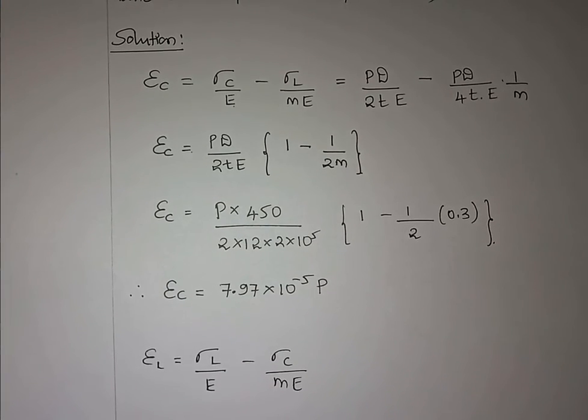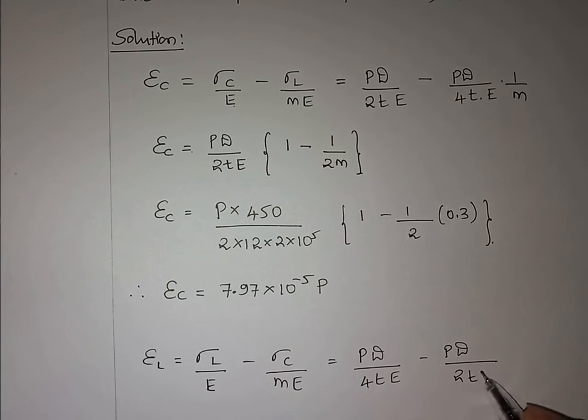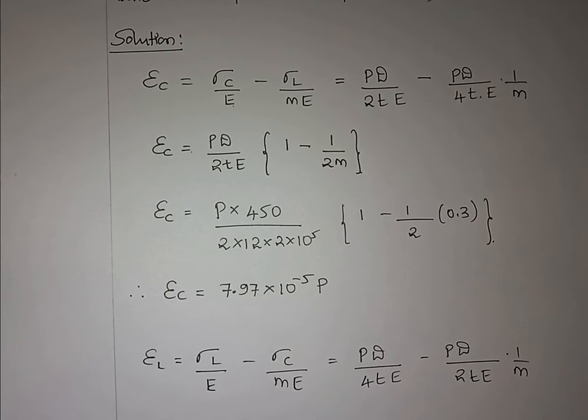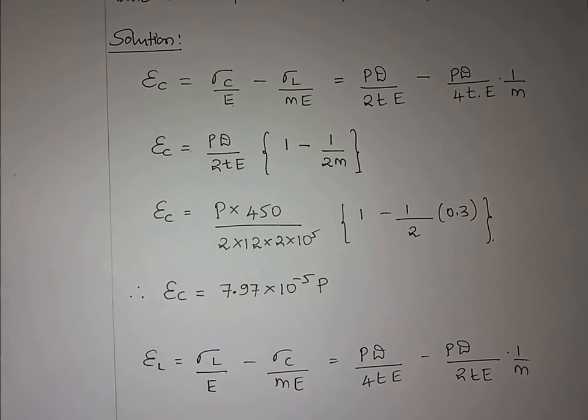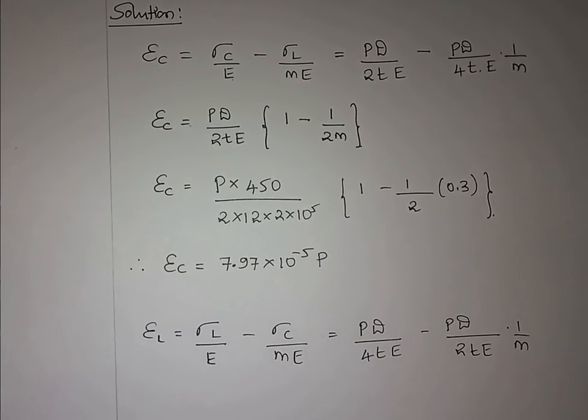Right, so once again put the values. In this case it is PD divided by 4TE minus PD divided by 2TE into 1 by m. So once again you take the common term. The common term here I'll be taking as PD by 4TE.